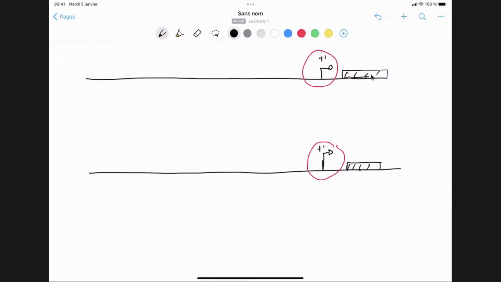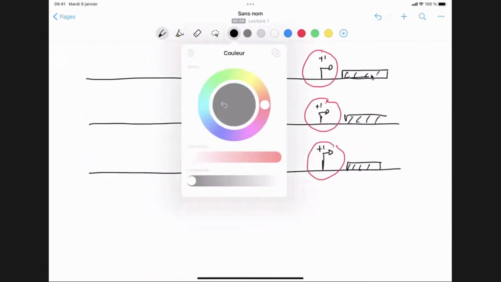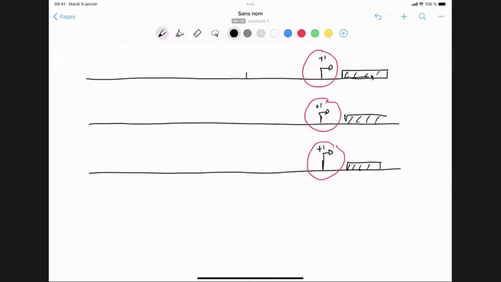And this is the first one. No, sorry, I'm going to draw you three situations, exactly the same. I'm going to show you three situations in which the gene can be active, so transcribed.